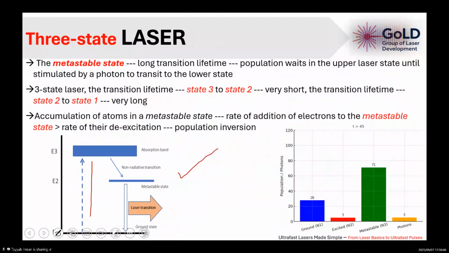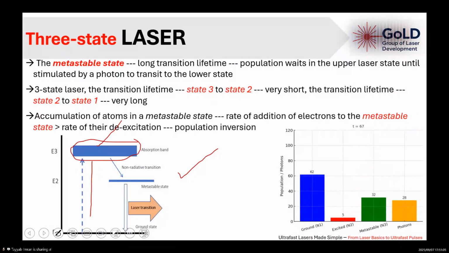This pumping causes the electron to jump from the lower state to the higher state, the top state, which is also called the pump state. Here it's also called the absorption band. It's not necessary to call it the absorption band, but we can call it the pump band.